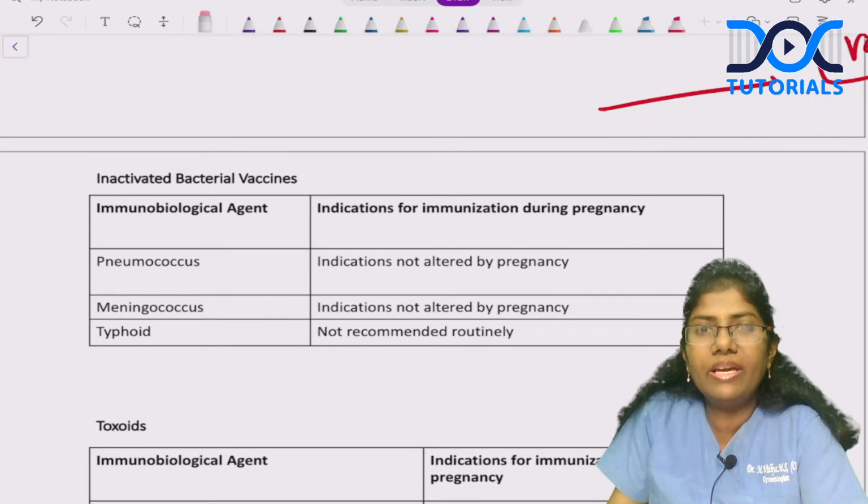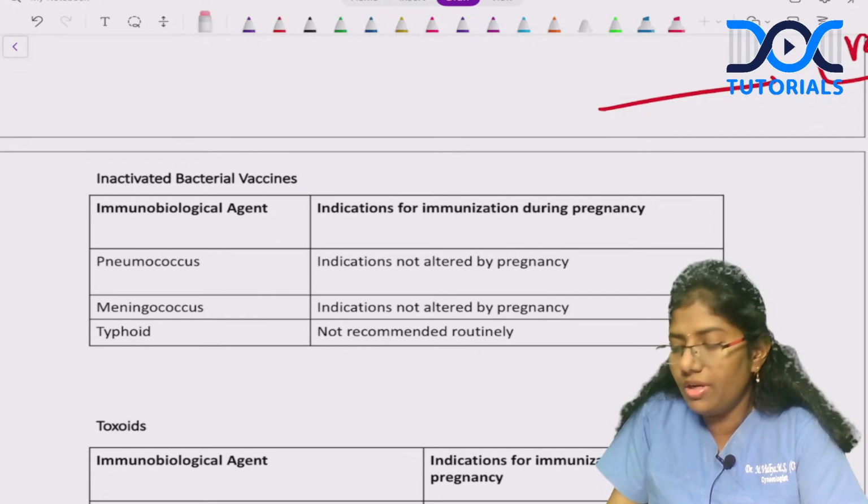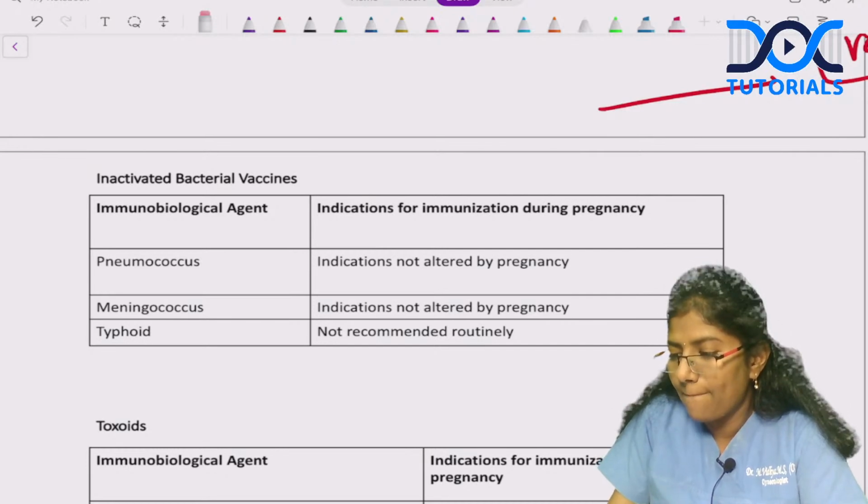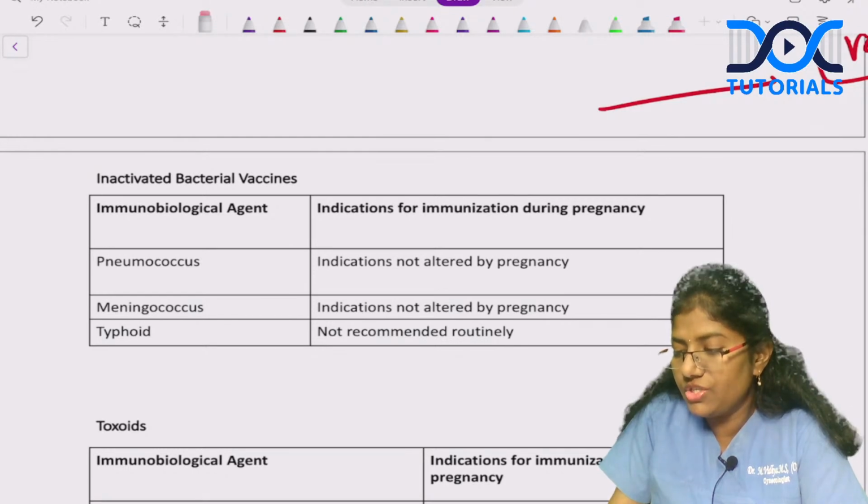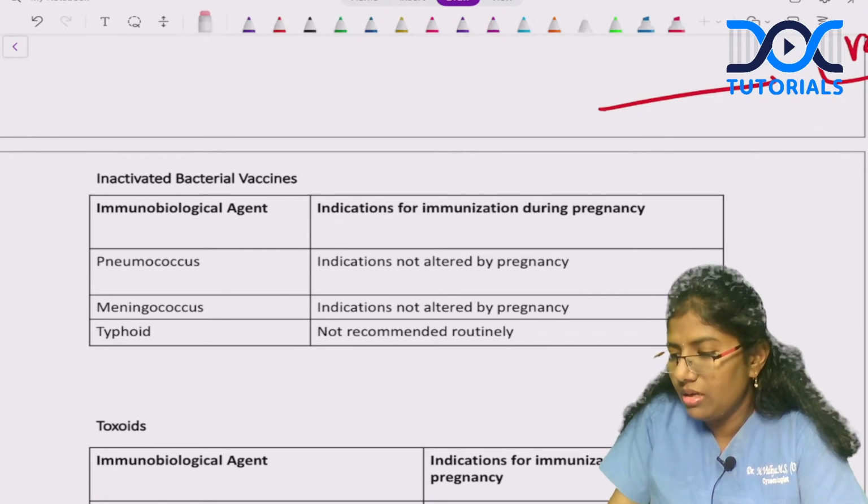It is not a live virus vaccine, but it shouldn't be given during pregnancy. Which vaccine is that? Yes, Manoj, Jayashree, Vicky, Avinash.